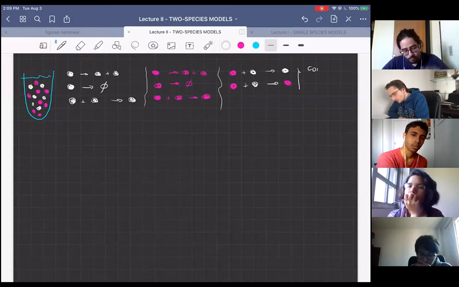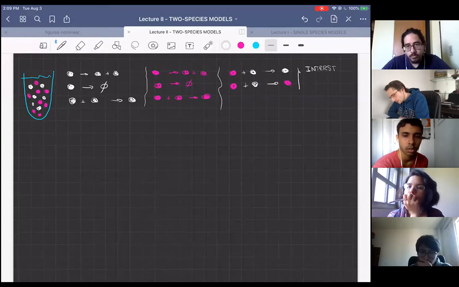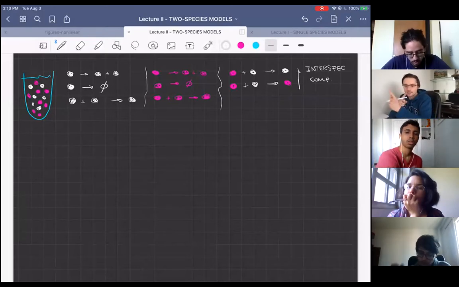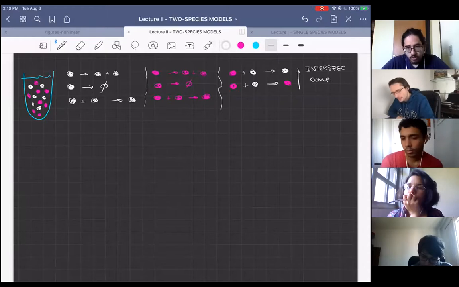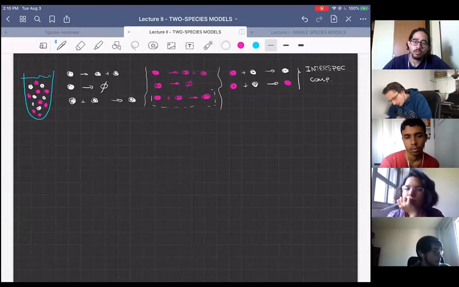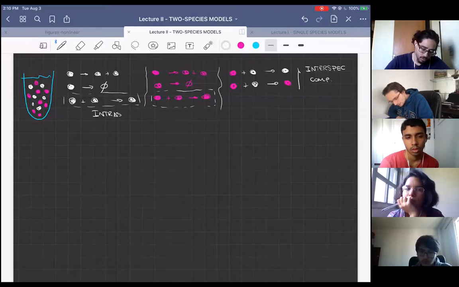This is called interspecific competition, because it happens between species, across species, and the ones that we saw yesterday, pink with pink and white with white, are called intra-specific competition.